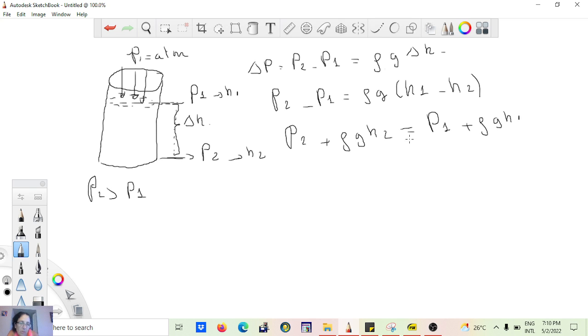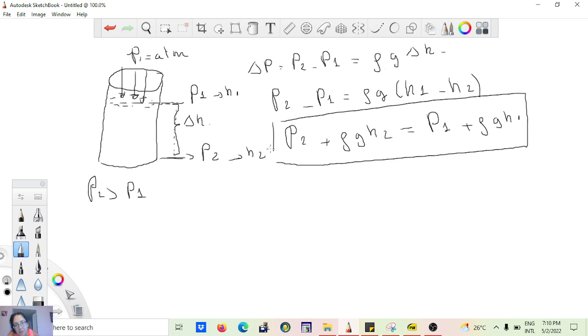And you see, it looks very much like some kind of conservation law, because it's like having before and then after. If you remember from physics 1, the potential energy of a mass m in a gravitational field above some ground level is mgh.